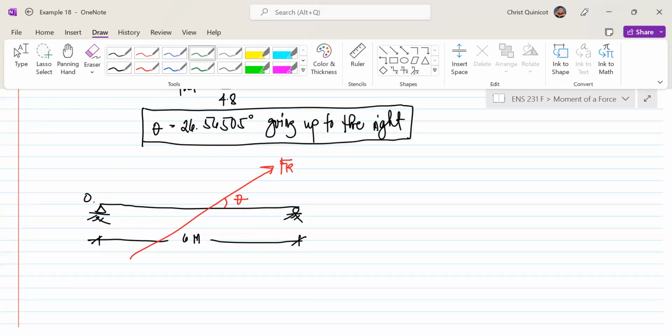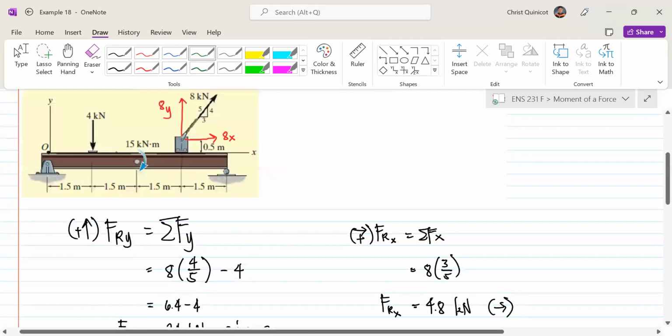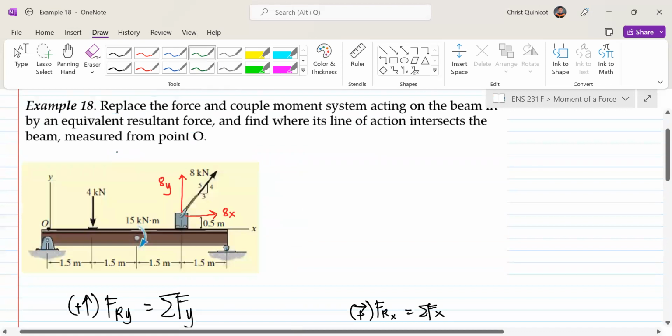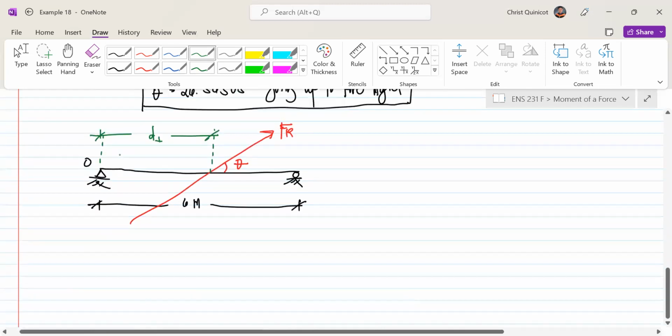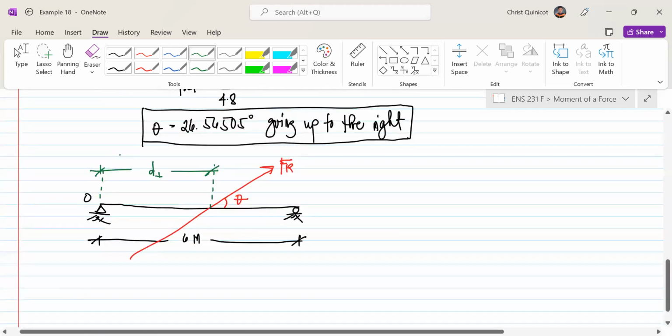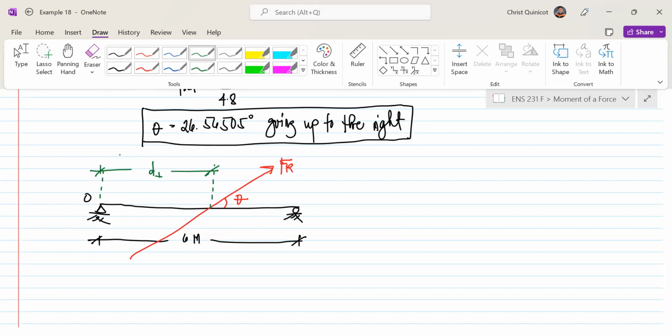We are very much concerned with this perpendicular distance, where it intersects the beam measured from point O. From the principle of transmissibility, we can slide our force within its line of action.